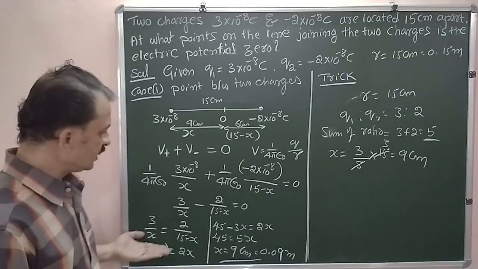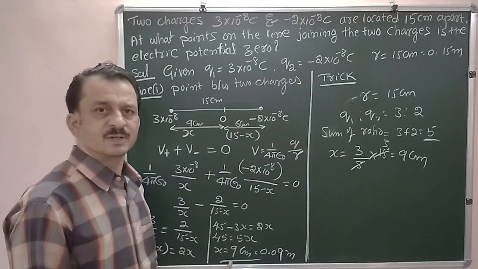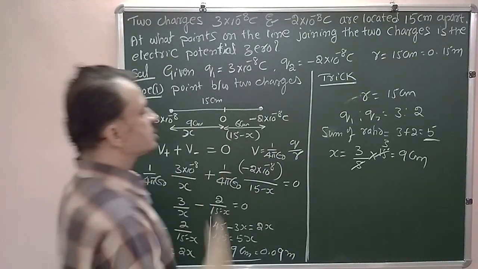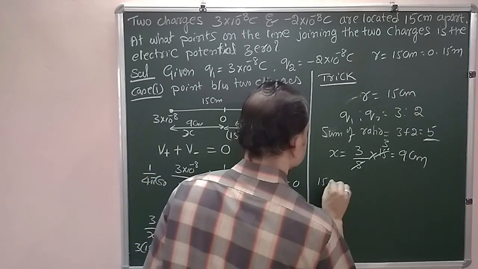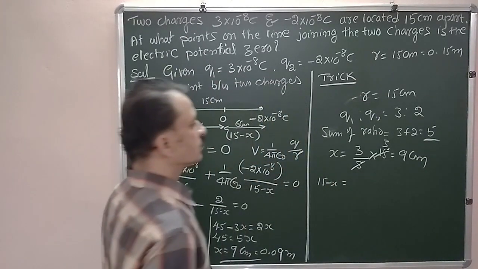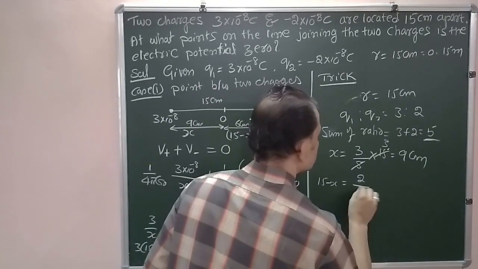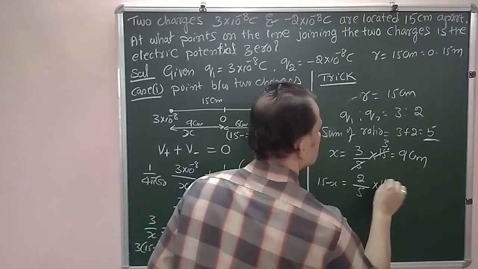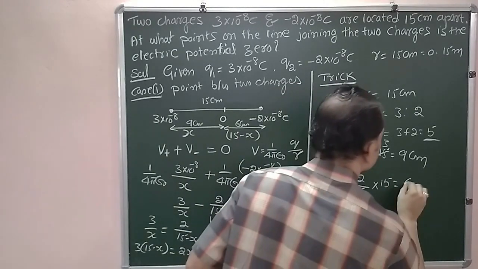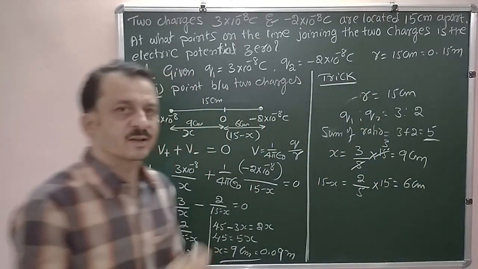It is 9 centimeter. Now look here, we have got the same answer, 9 centimeter. What is it from the negative charge? It is 15 minus x. So its ratio is 2. Sum of the ratio is 5, and total distance is 15. Therefore, it is 6 centimeter.